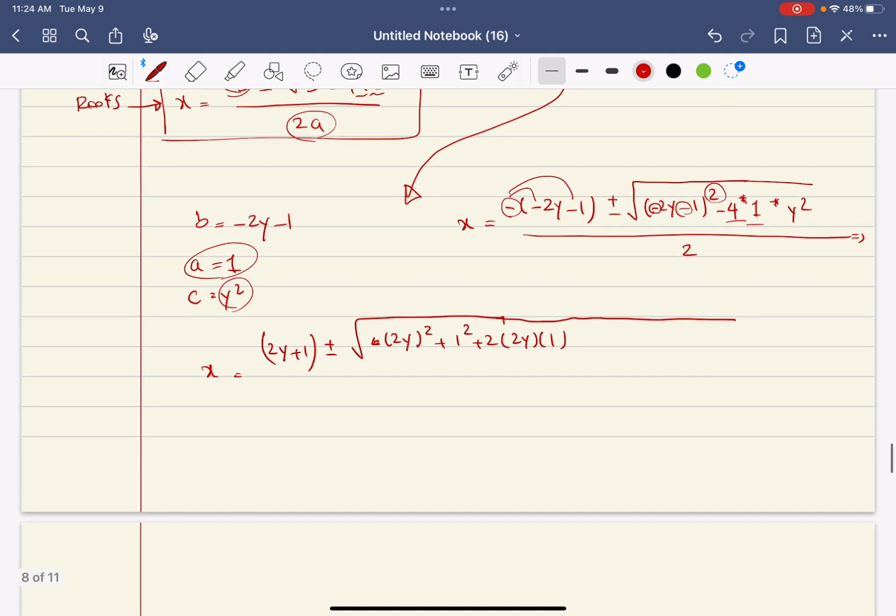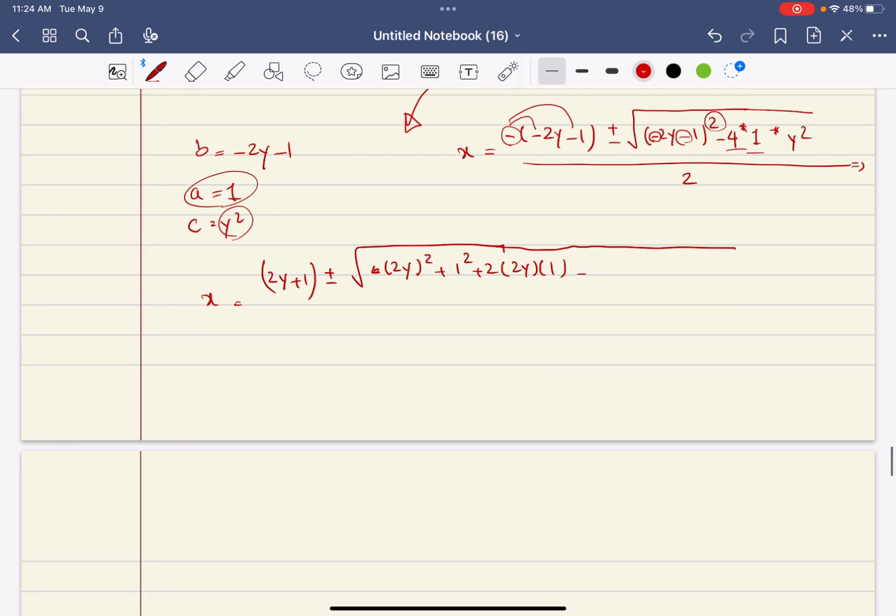4 times 1 would be 4. 4 minus 4y to the power of 2 over 2.